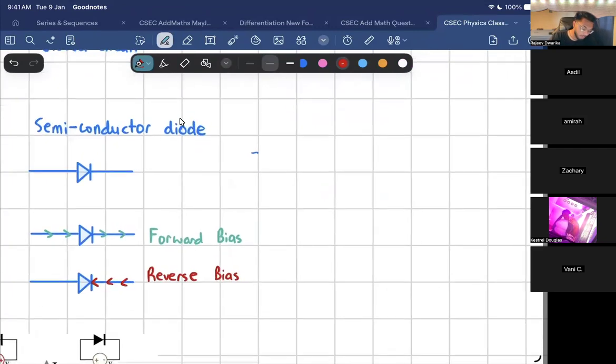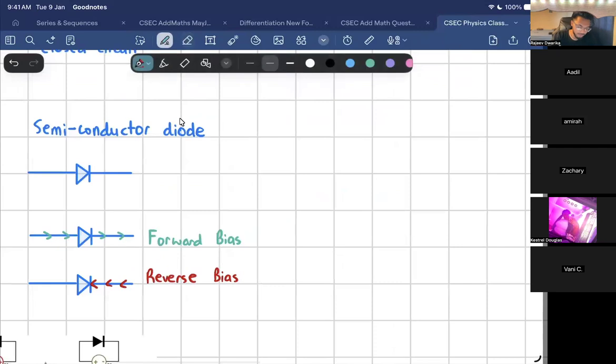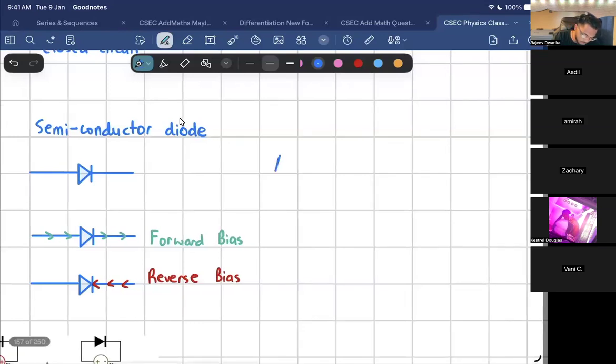And a semiconductor diode, I'll try to give my definition. Just from what you see, try to describe what you're seeing. So it allows current to pass in one direction. Right.